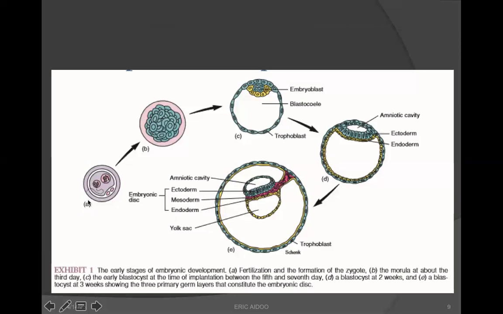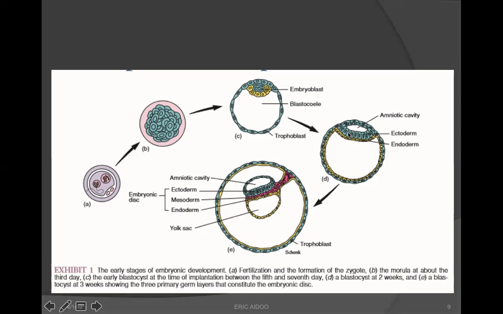So this is just a summary of what we have seen so far: fertilization, and then you have your morula, embryoblast, and the hypoblast also differentiating, and the blastocyst cavity or blastocele, with the trophoblast, which will eventually become the cytotrophoblast.